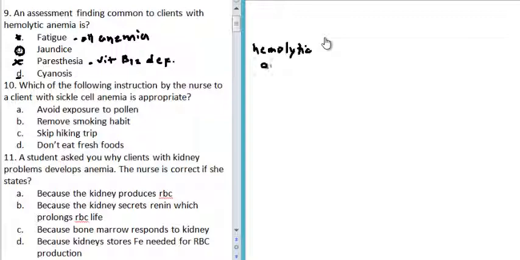hemolytic anemia, there are three types of hemolytic anemia. We have your sickle cell, we have your G6PD deficiency, and we have your thalassemia.